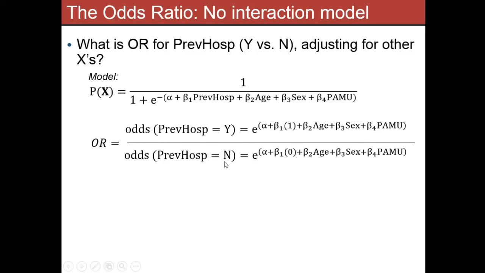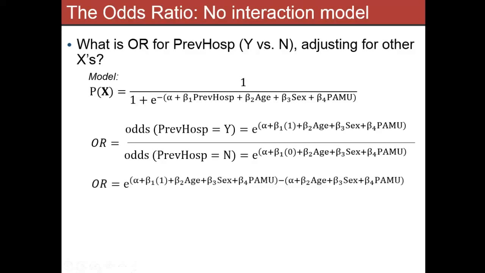So here we are. OR equals that, right? This is the ratio of 2 odds. And lo and behold, a lot of stuff is going to start to cancel out. Another way to write this big fraction, e to the alpha plus beta 1 and so forth over this denominator: when taking the ratio of e to the x over e to the x, you start subtracting.